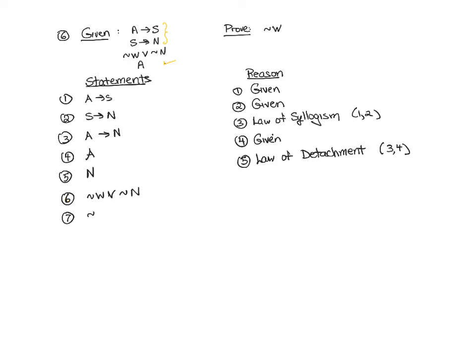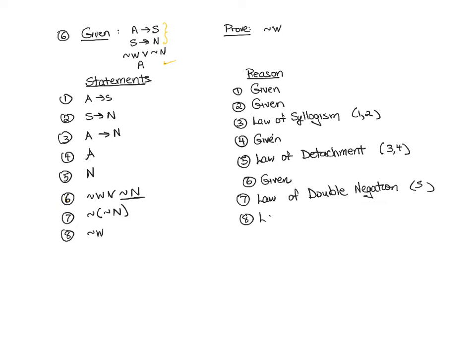We're negating the second disjunct, right? This disjunct. And that is, okay, so this is given. And this is the law of double negation, which is from step 5. And then finally, not W, from the law of disjunctive inference.